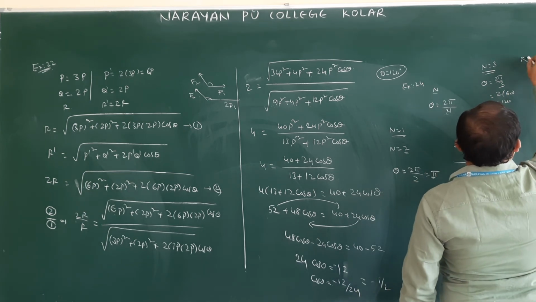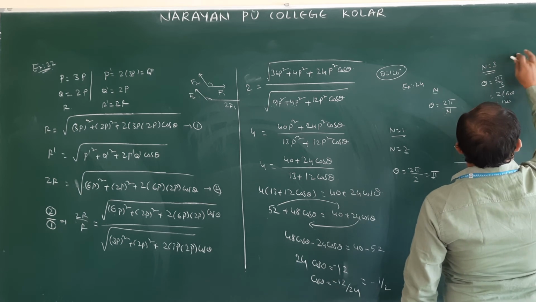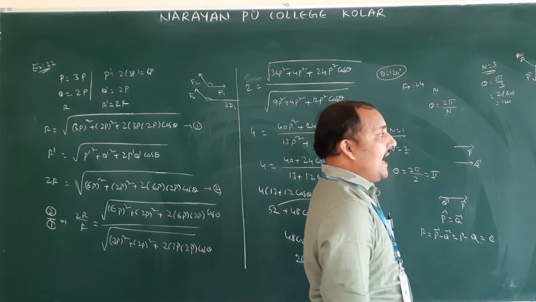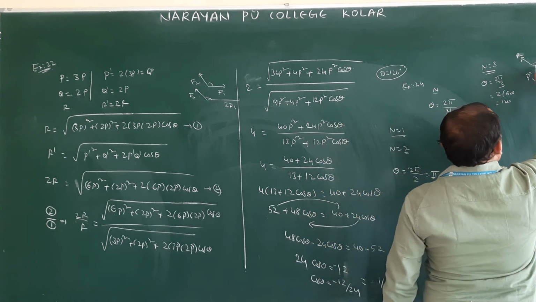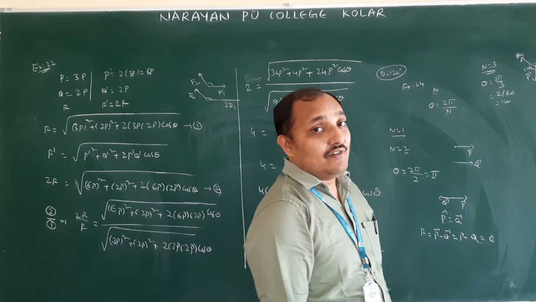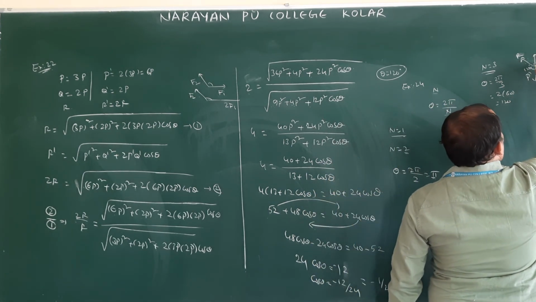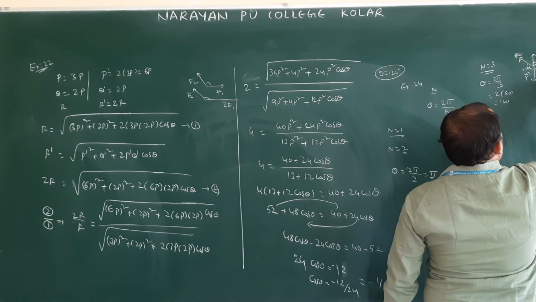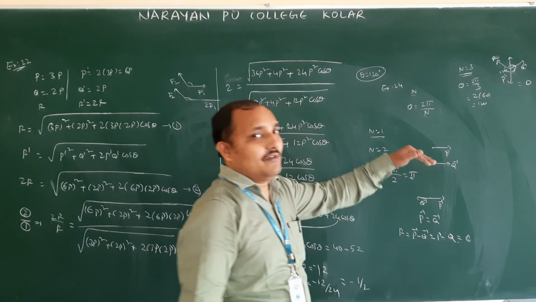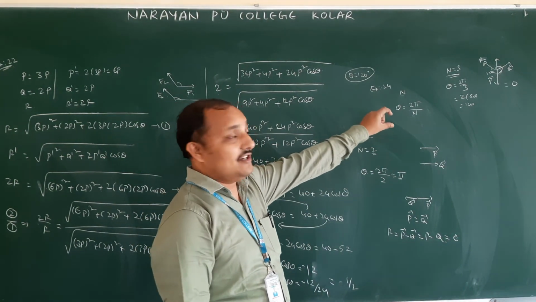Three vectors acting like this: P, Q. The angle between the adjacent vectors is 120 degrees. Then their resultant also comes out to be 0. We calculate the resultant of these two, and then the resultant with the third, and finally we get 0. We will discuss this in the lab on concurrent forces, and there you will understand it.